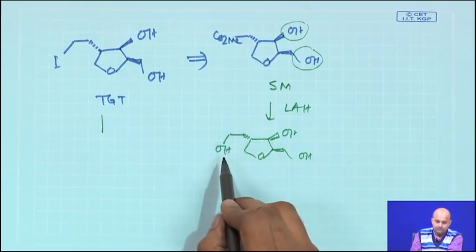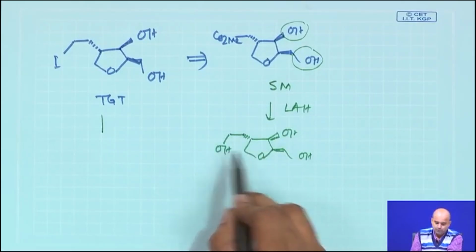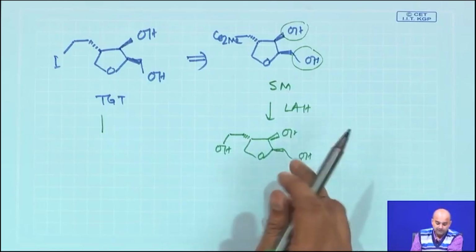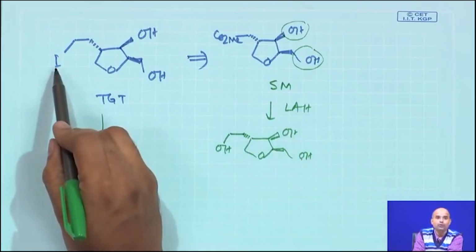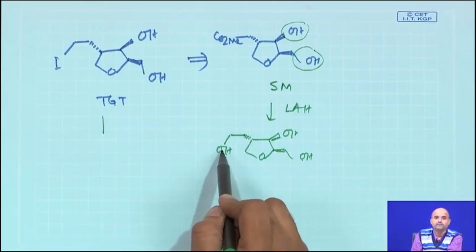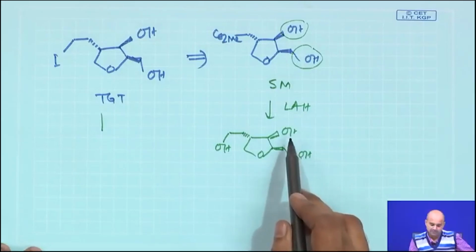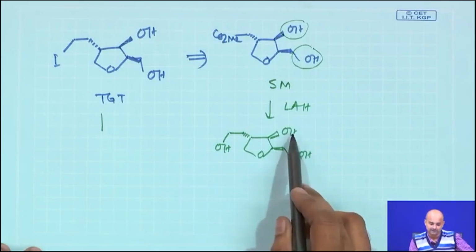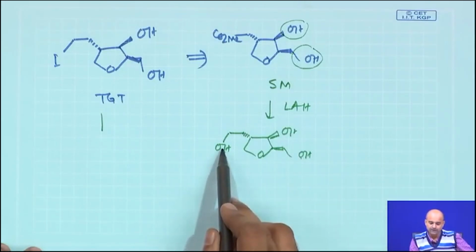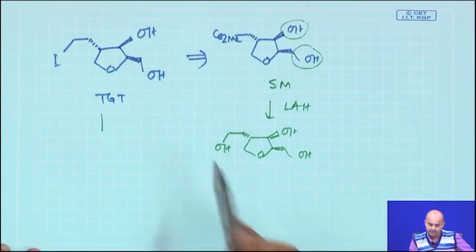Now, there are 3 hydroxy groups, 2 primary and 1 secondary, and your target molecule contains only 1 iodo group at this primary. So, it is a very difficult scenario. You cannot use a simple Appel reaction, because then this may also react. This one is primary and that one secondary, so the probability is less, but it will definitely not be that chemoselective.